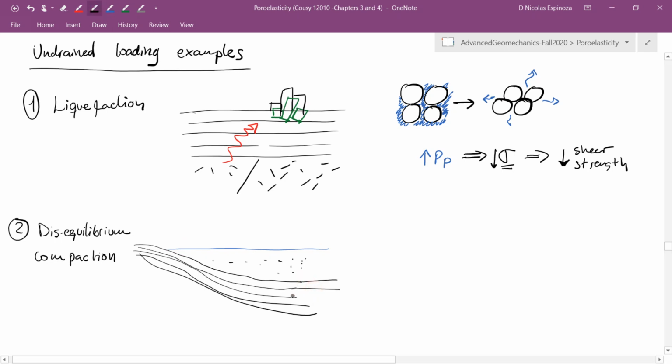Okay, imagine a river somewhere over here that comes loaded with sediments, and these sediments eventually get deposited into a sedimentary basin.